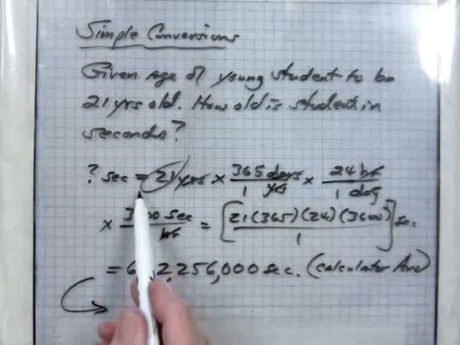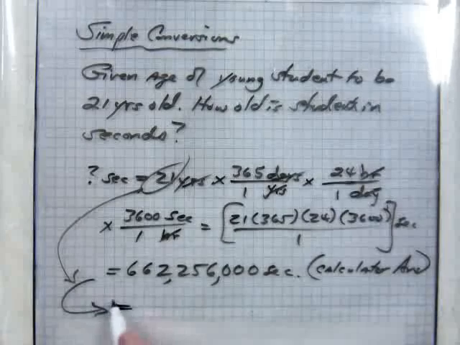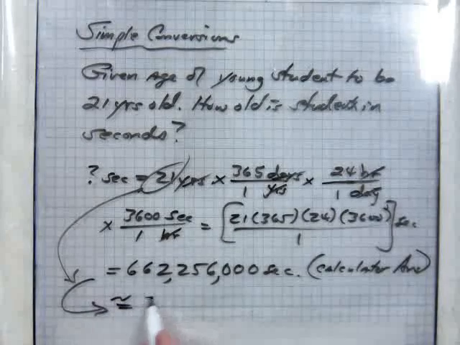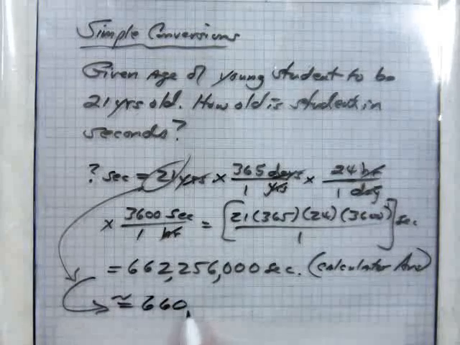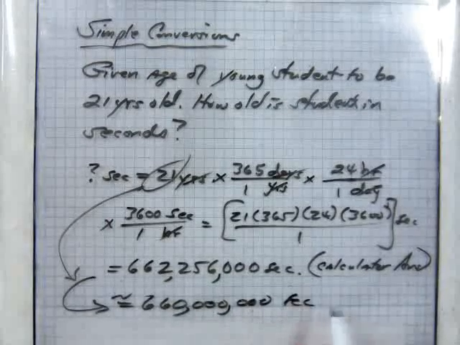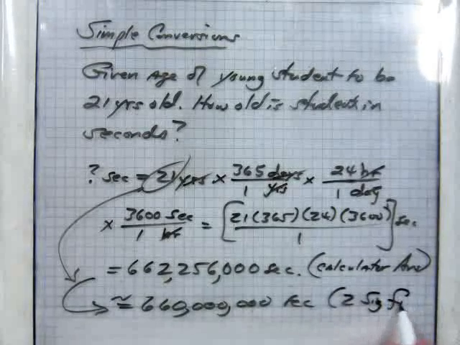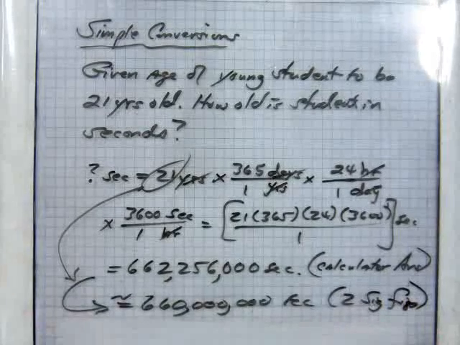So based on that, we should convert this to, or round it, to 2 significant figures, which would mean this would be 660,000,000 seconds, 2 sig figs. Everybody good on that? All right.